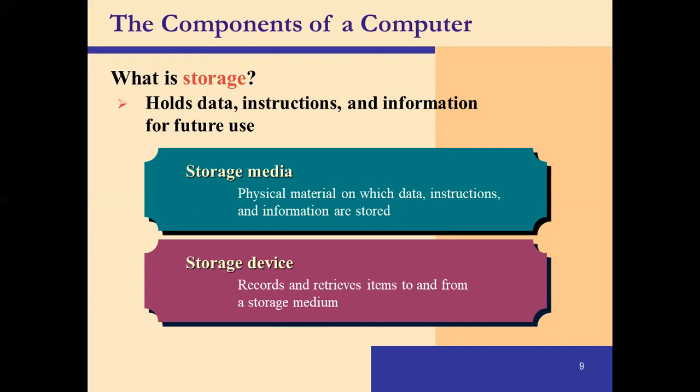Everyone has a storage to store their personal belongings or their personal data. So a computer also has a component called storage devices. It holds data, instructions, and information for future use. You store data for future use, like your old pictures that you can see in the future.